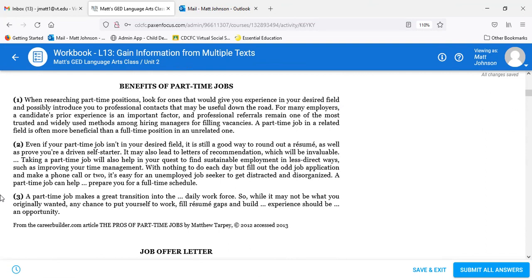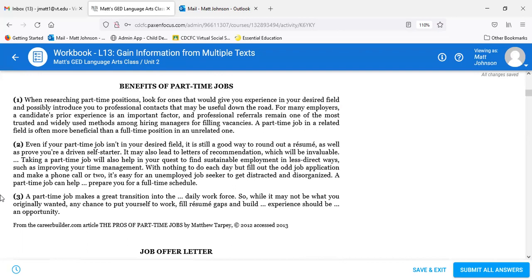Benefits of part-time jobs. When researching part-time positions, look for ones that would give you experience in your desired field and possibly introduce you to professional contacts that may be useful down the road. For many employers, a candidate's prior experience is an important factor, and professional referrals remain one of the most trusted and widely used methods among hiring managers for filling vacancies.